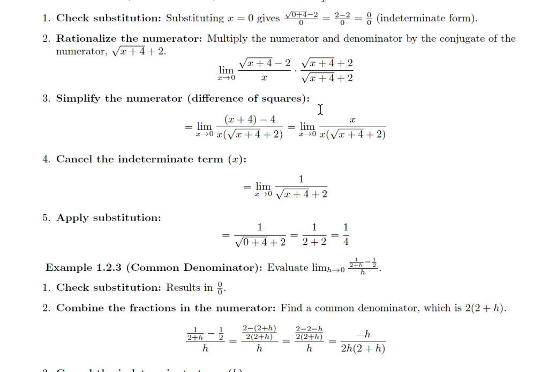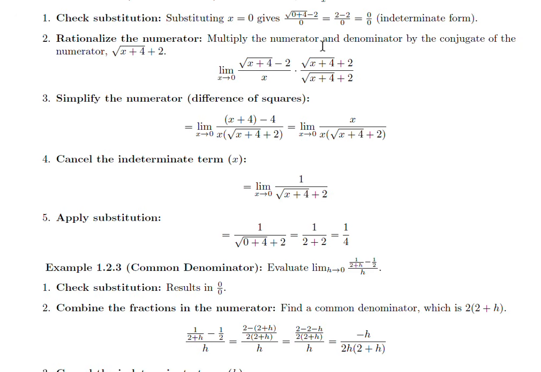Now, when we do the expansion at the numerator, we have this. Of course, the numerator is now looking like a difference of 2 squares, and it results in this. You can take your time to do the expansion.